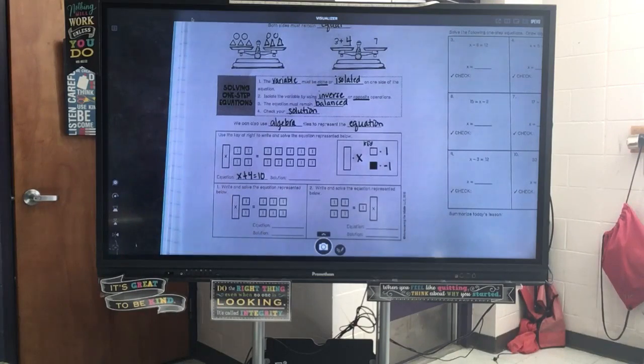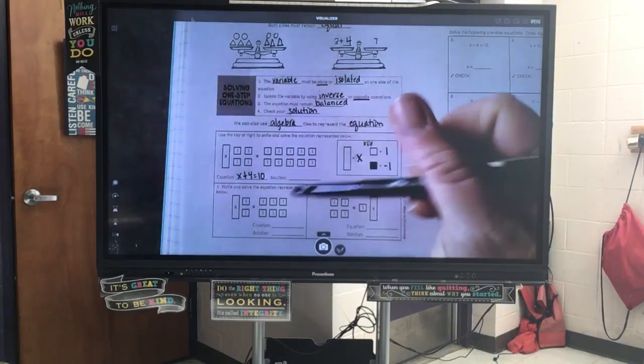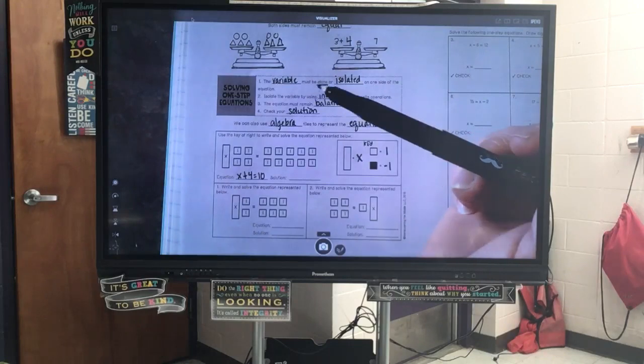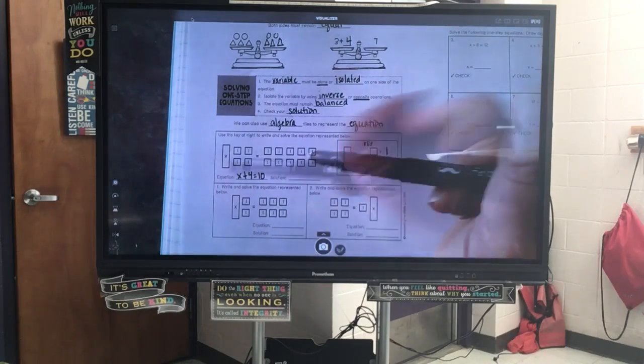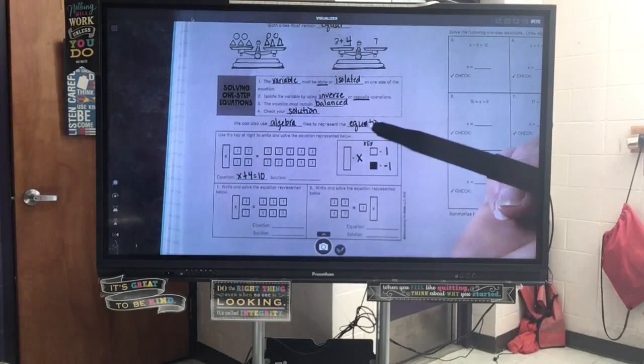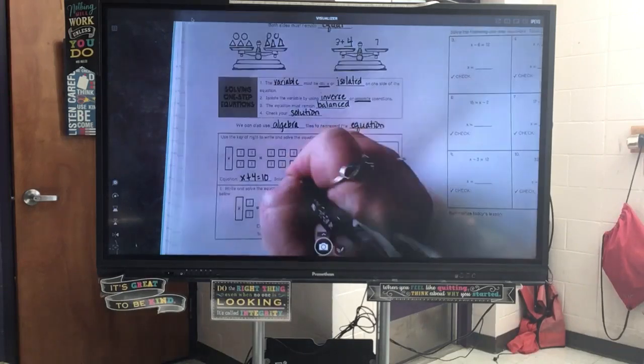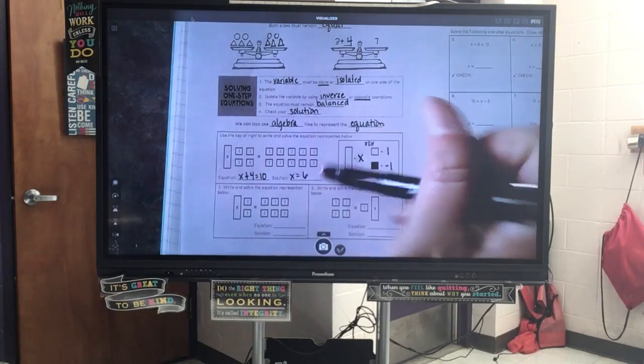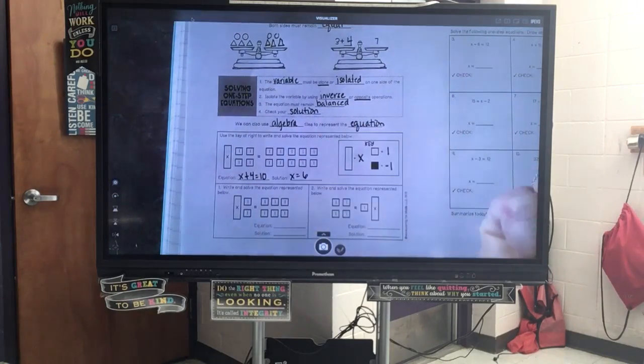Alright, so with this one, what would our solution be? So what would X equal? Without using any math, just kind of looking at what we did over here. So X equals 6 because we know that 4 plus 6 is going to give us 10.